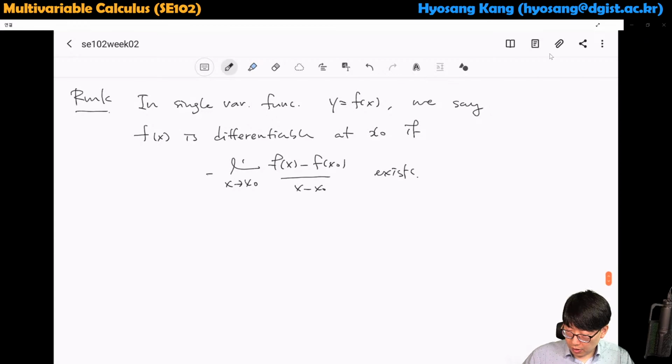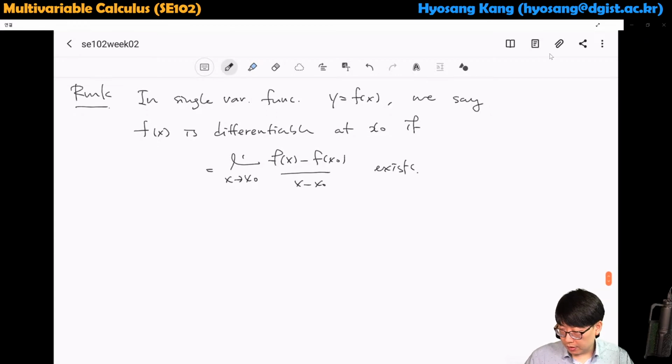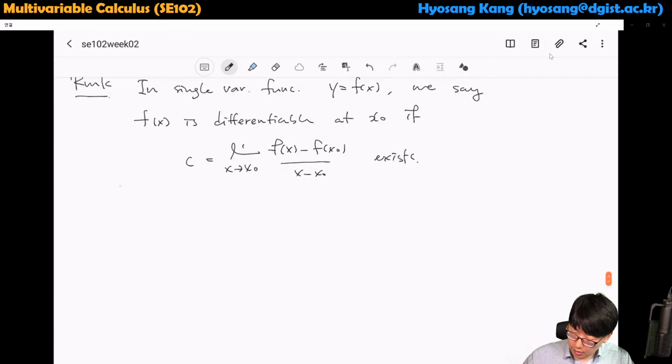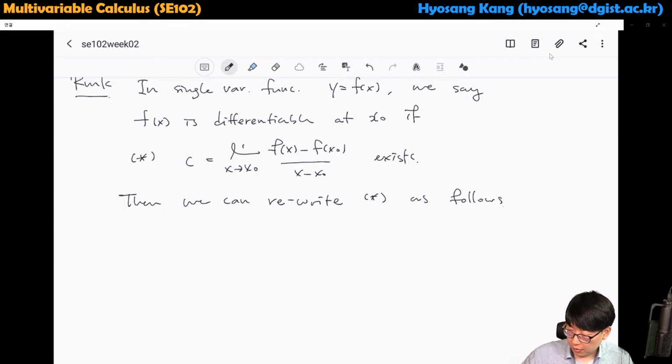Let's say we call this limit c, for example. Then we can rewrite this equation as follows.